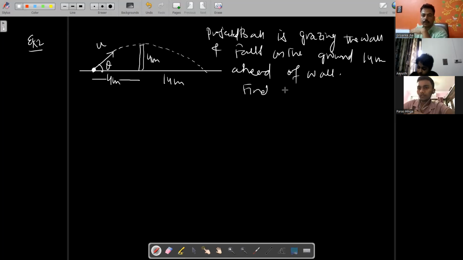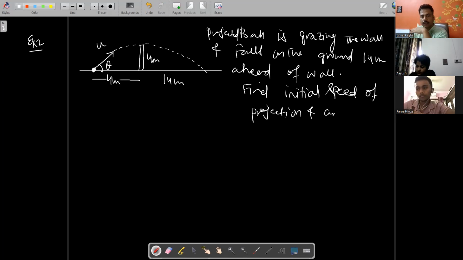Find the initial speed of projection and the angle of projection. Solve it.